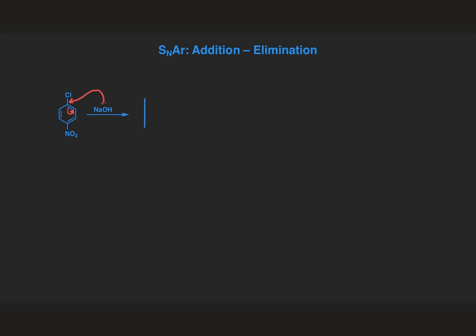That's going to give you a structure that looks like this. And as you might have guessed based on the bracket that I started with, and I didn't draw it big enough, this complex has resonance.